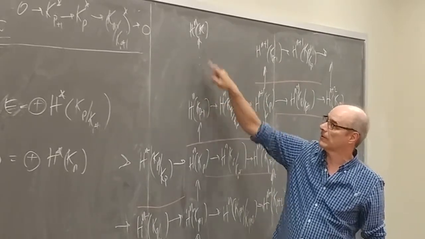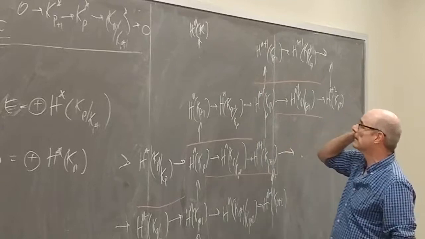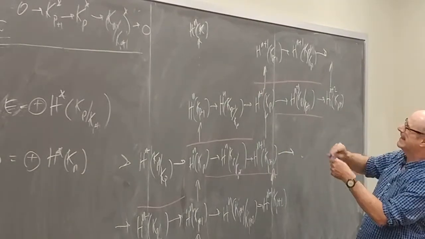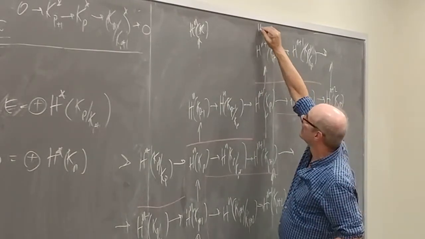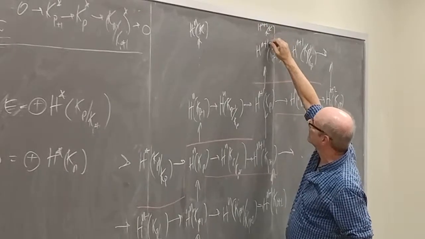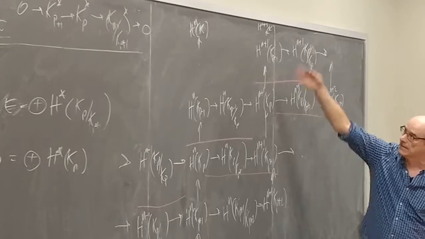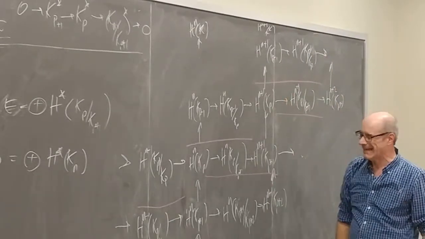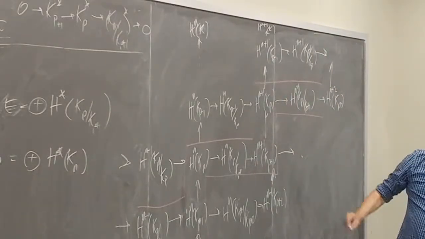So I do have the cohomology of K sitting up at the top, I have an HN plus 1 of K sitting up at the top there. And so you can see the towers.